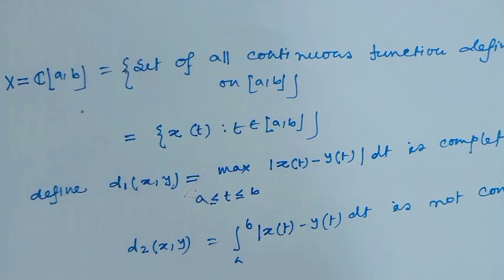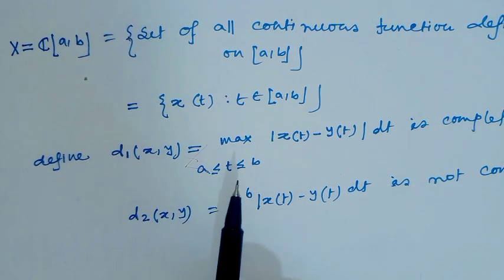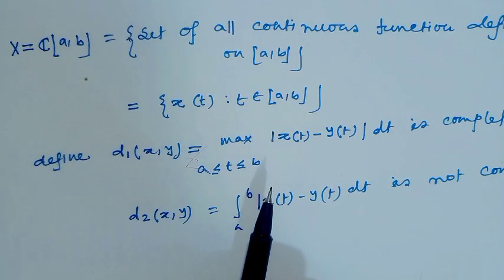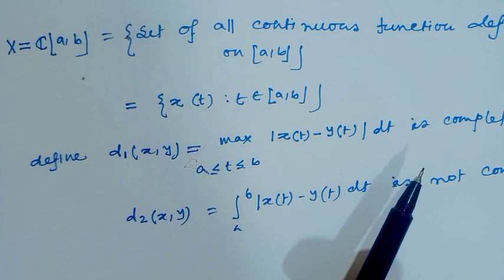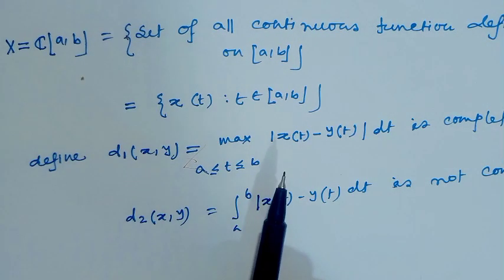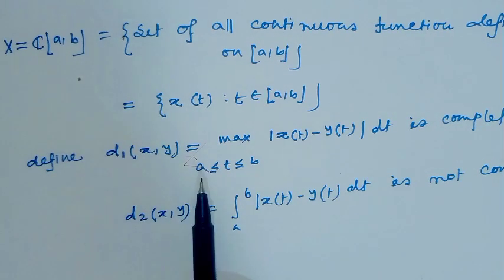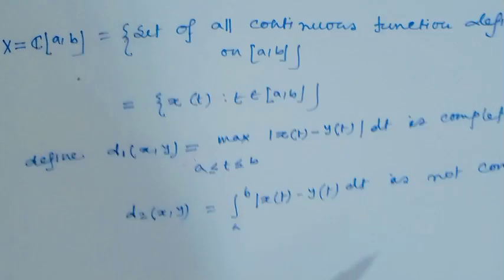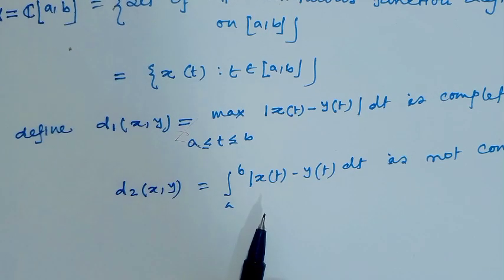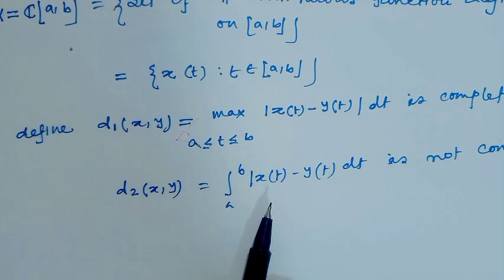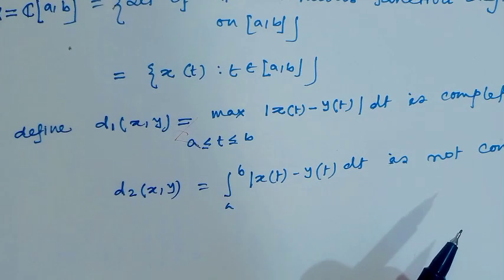In this set, if we consider the d1 metric, which is defined as the maximum over t belongs to closed [a, b] of absolute value of x(t) minus y(t), this space (X, d1) is a complete metric space. But if we consider the d2 metric, which is actually the integral from a to b of absolute value of x(t) minus y(t) dt, this is not a complete metric space.